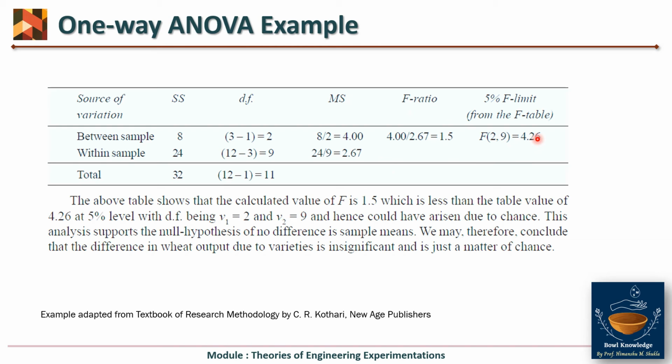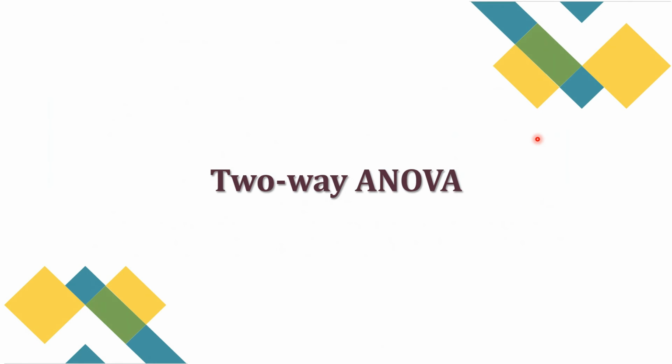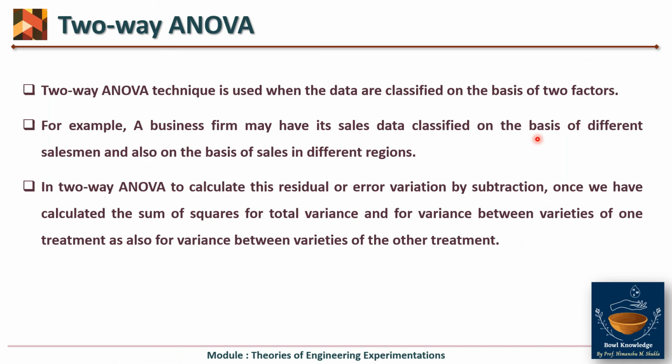Now we are heading towards two way ANOVA. What is two way ANOVA? Here, only the wheat variety was the variable, so one variable at a time. But now we will have two variables at a time. Two-way ANOVA is used when the data are classified on the basis of two factors. For example, a business firm may have its sales data classified on the basis of different salesmen, like Ramesh, Suresh, and also the sales region.